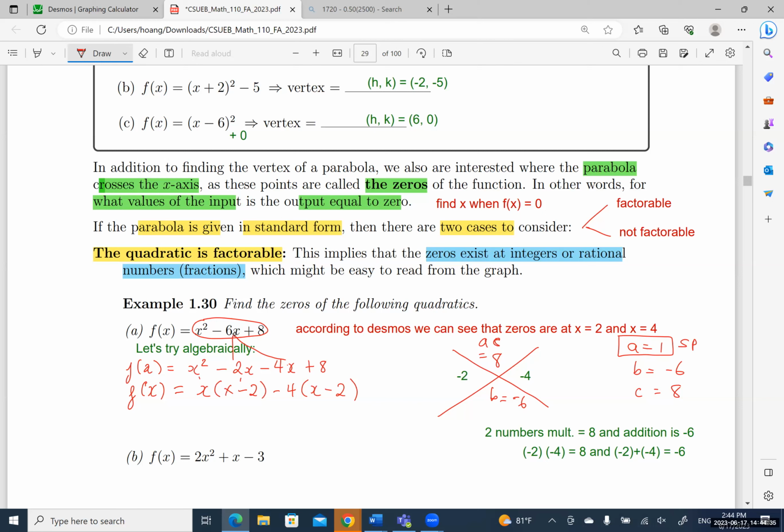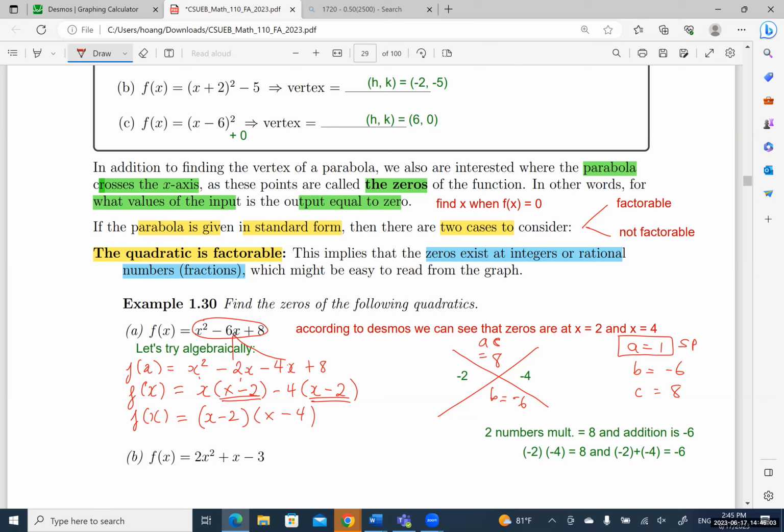Okay, so as you see now, this big term has a common factor, the common group x minus 2. So then I can factor x minus 2 out, the common one, and then I have x minus 4.